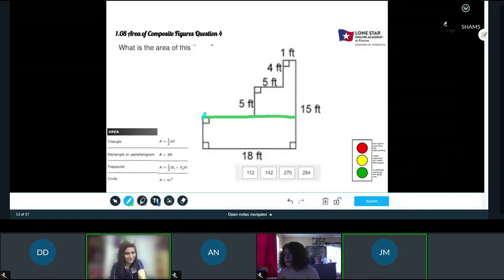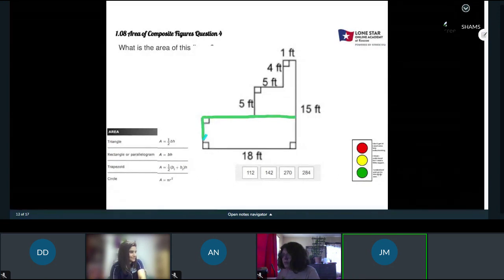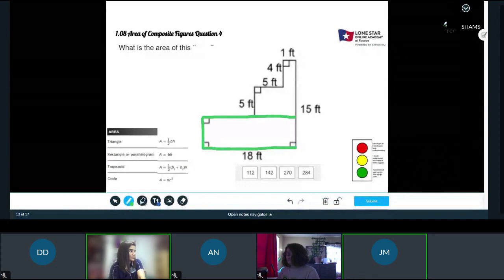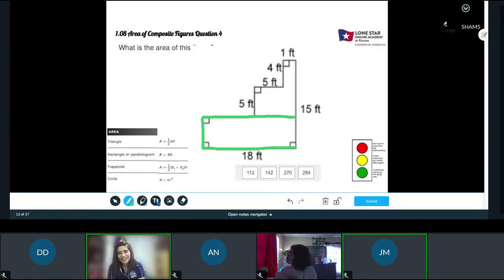I don't know if you did that on purpose, but it says what is the area of this, and you can see where something was. Oh, the thing is, JJ, I tried to make the composite figure bigger. So when we are working on it in our slides, it kind of overlapped the question.